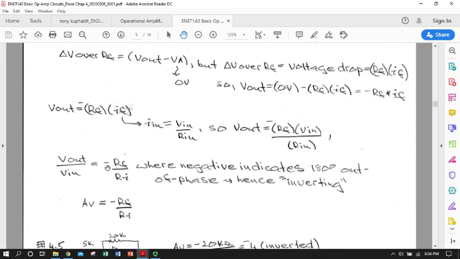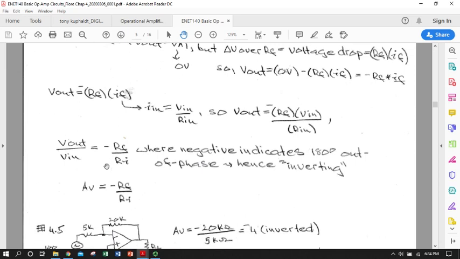And again, this negative indicates opposite sign for a DC signal versus what you put in, or 180 degrees out of phase versus the input signal for an AC signal coming in.